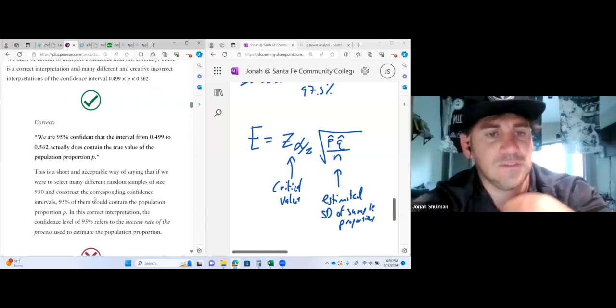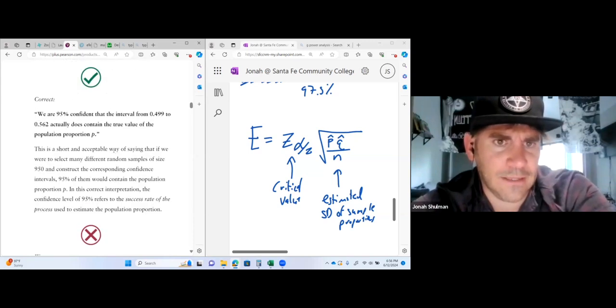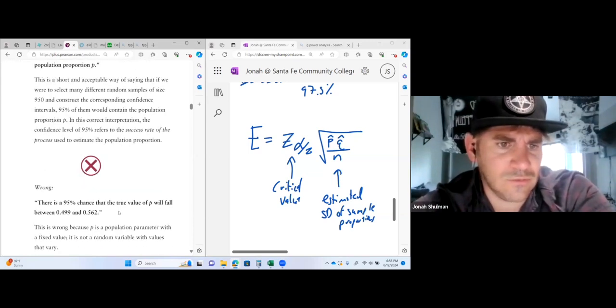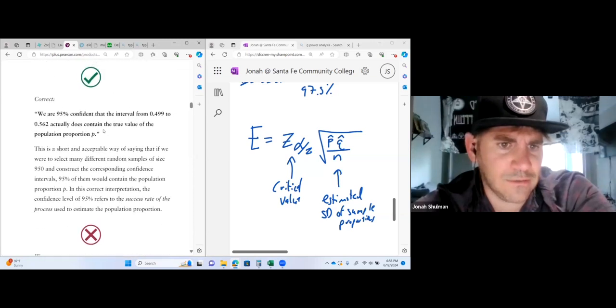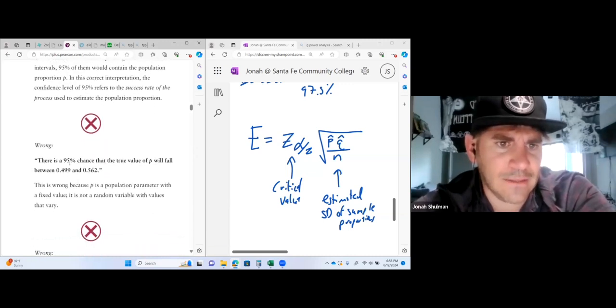Okay, that makes sense. The success rate. Okay, yeah, this is not the true value. All right, so they're saying that the true value will fall in between. We have to say that we are confident that this interval does contain the true value. And then this is saying that the chance that p will fall in between this.